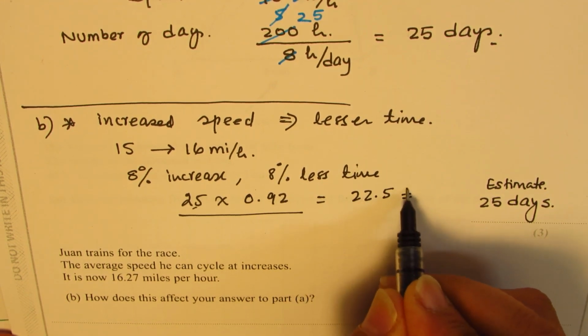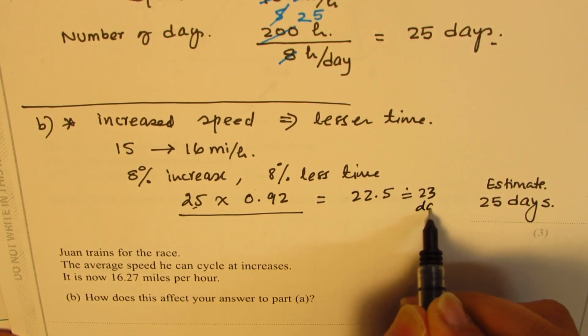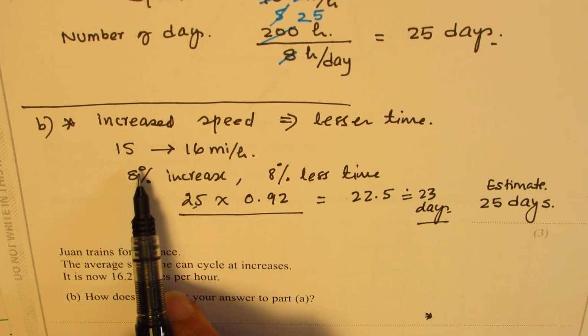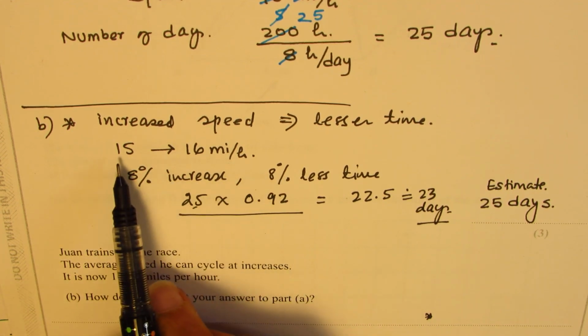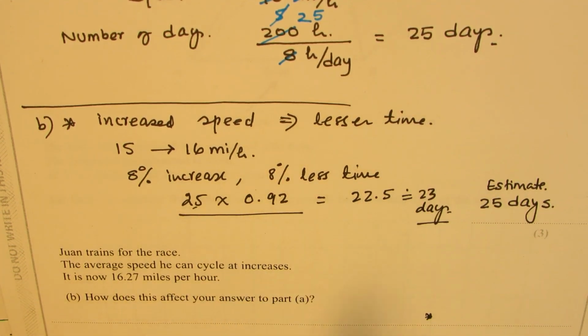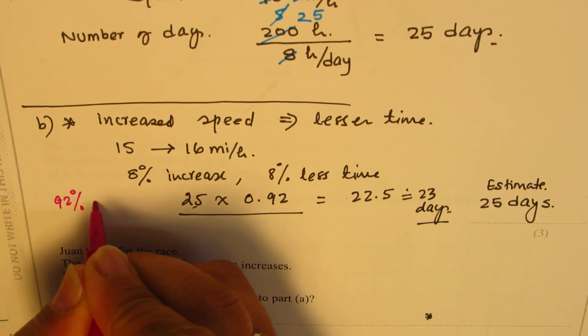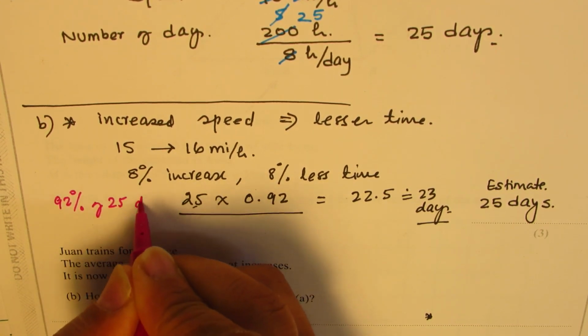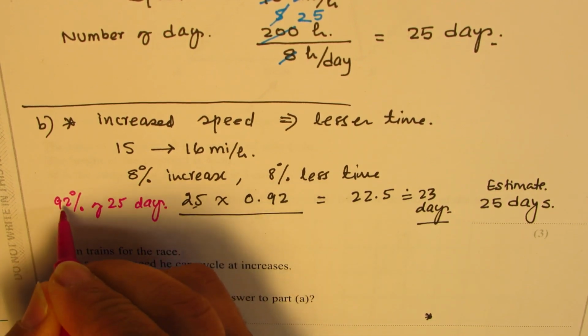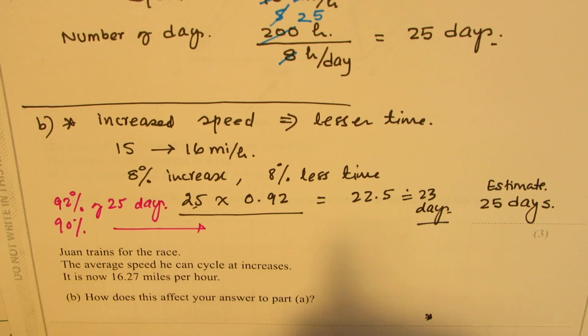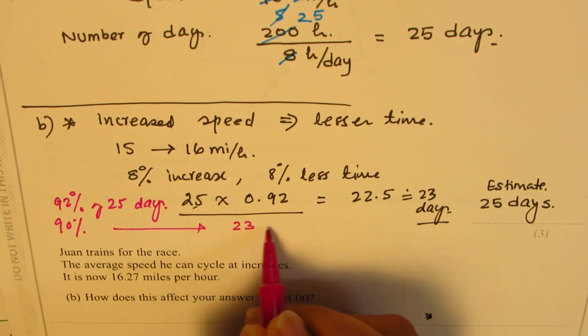So we can say the estimate is 23 days. You're getting my point, right? So we say less by 8%, that means 92% of 25 days, which we said 90% to be approximate, and then we got the value as around 23 days.